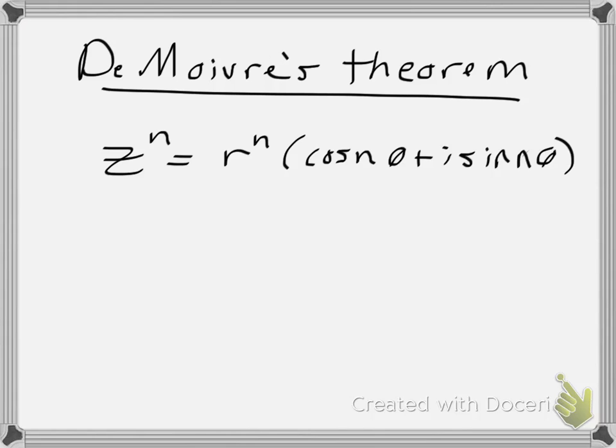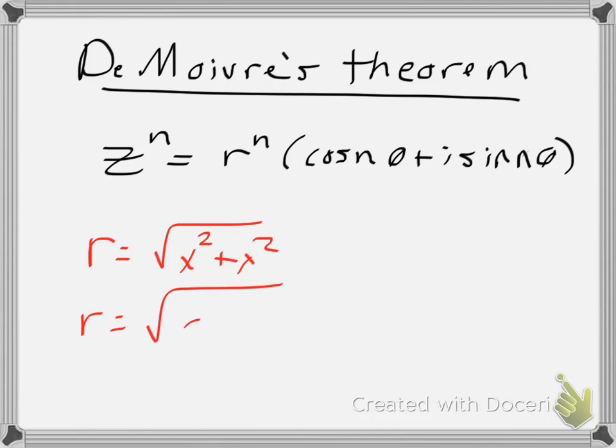So what we need to find is what is our r, what is our theta. Recall that we can find r by taking the square root of x squared plus y squared, or, since we're talking about a complex number, a squared plus b squared, taking the square root of it, because we're essentially using the Pythagorean theorem.